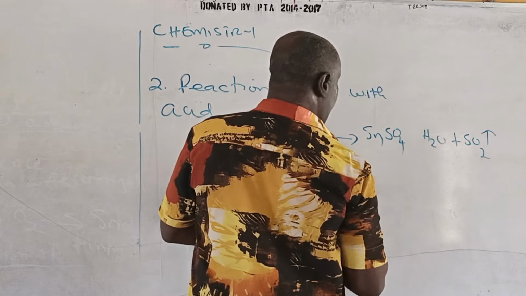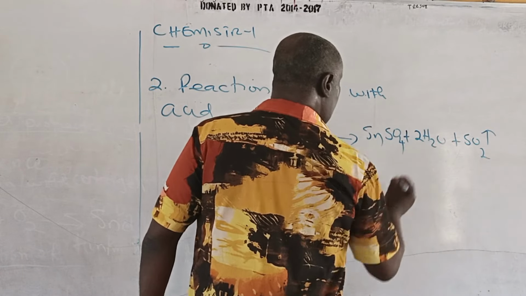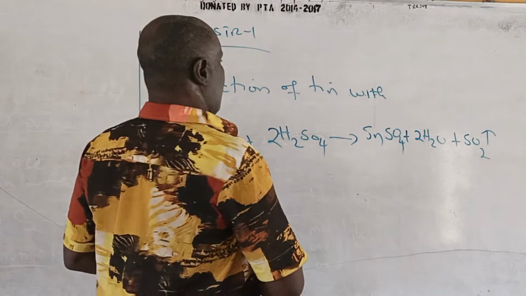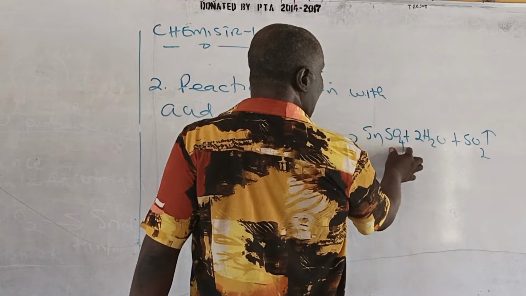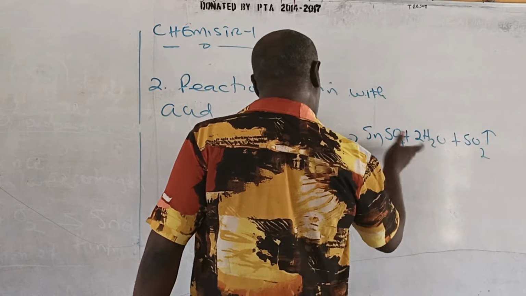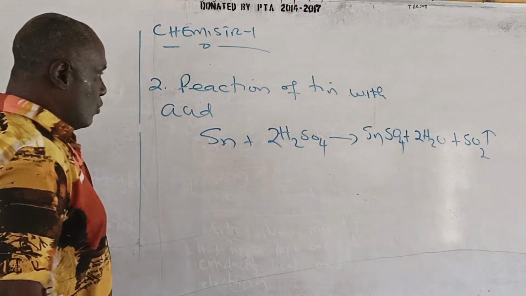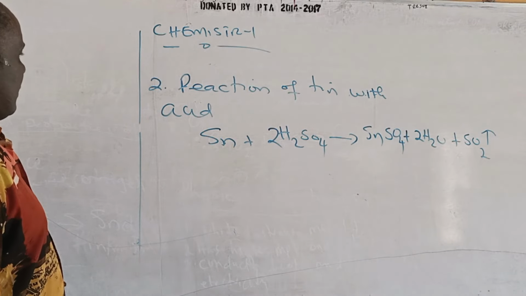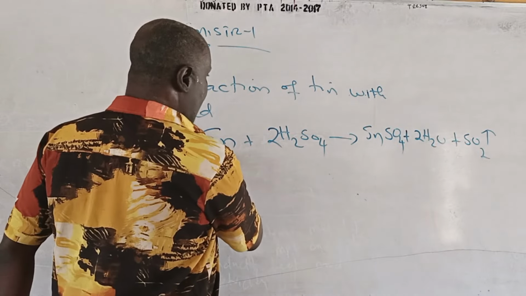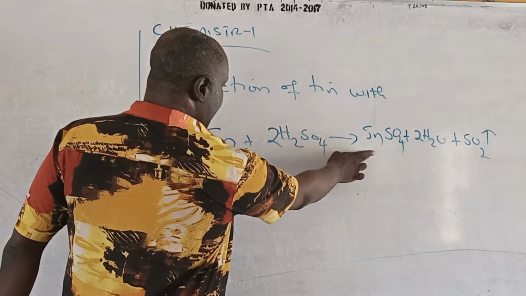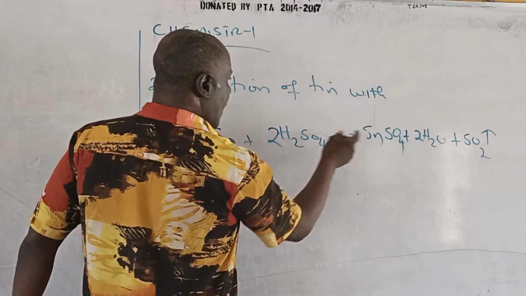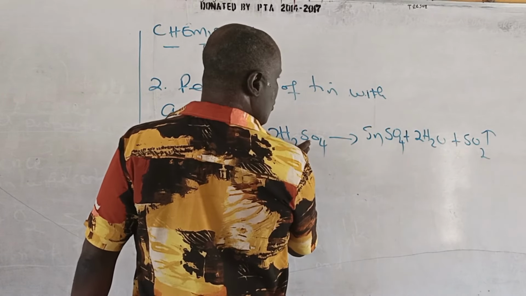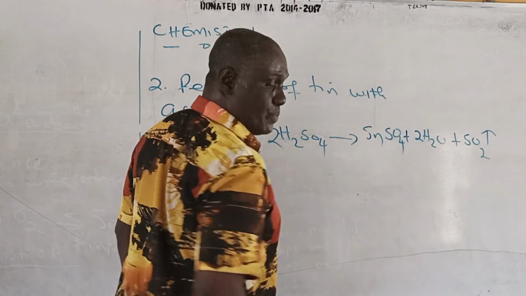Assuming we put 2 here, you'll discover that the number of oxygen atoms is now 8 and 8. Let's go over again to check the atoms. Tin is 1 on the left-hand side, 1 here. Hydrogen is 4 here, 4 here. Sulfur is 2, sulfur is 2. The equation is balanced.